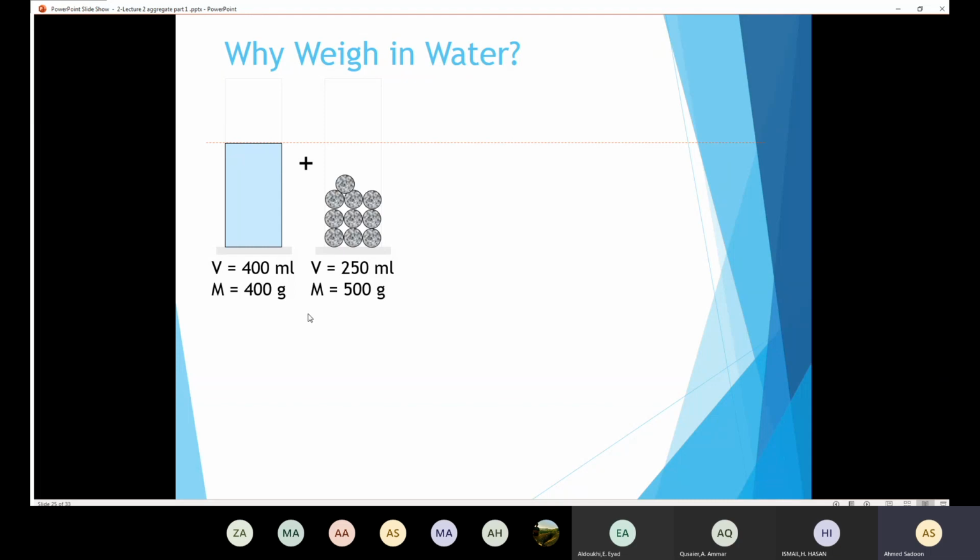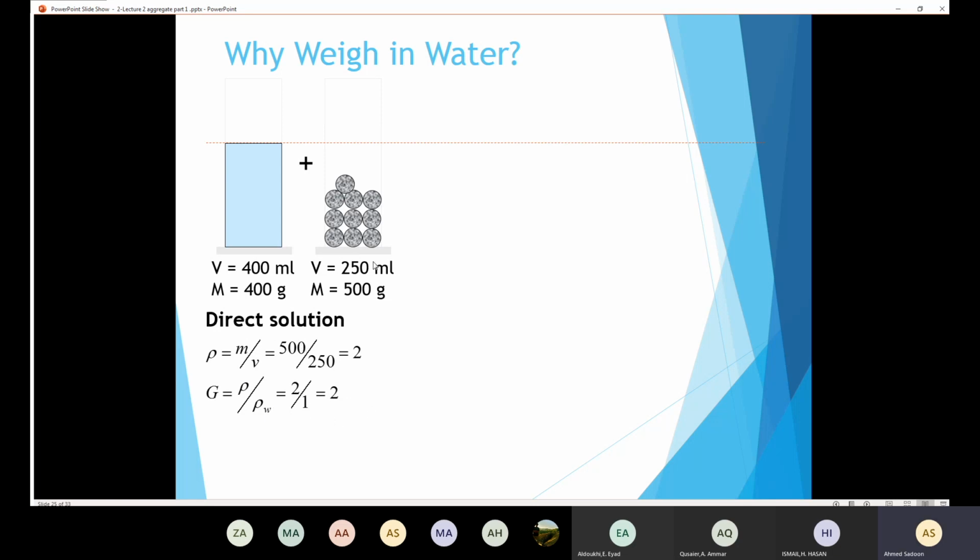In this case, it is very easy since I know all the volumes and all the masses. The density of the aggregate is the mass over the volume, which is 2 in this case, and the density of the water is 1. So the specific gravity is the density of the material over the density of the water, and in this case the value came out to be 2.